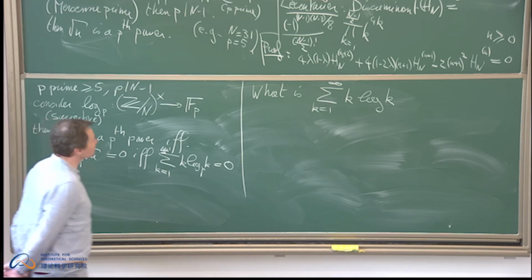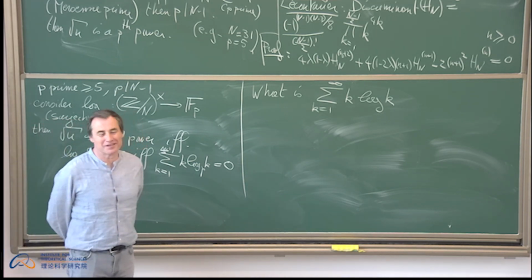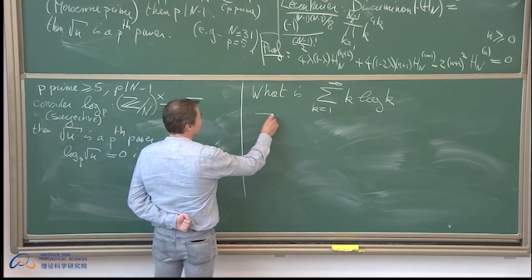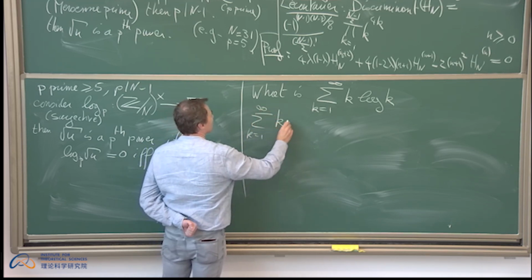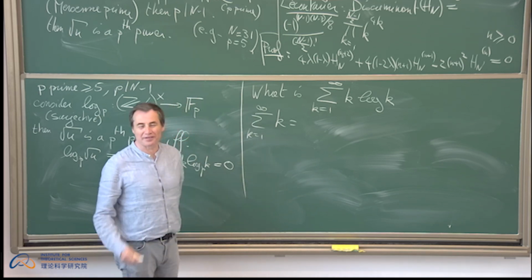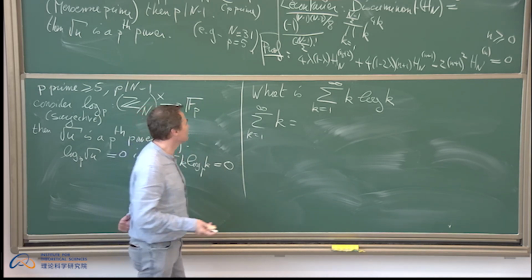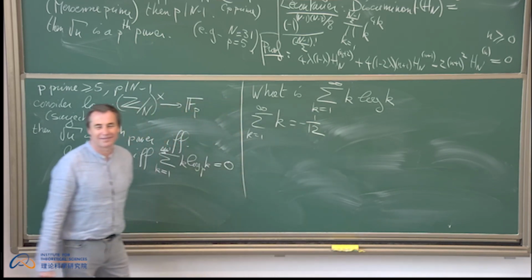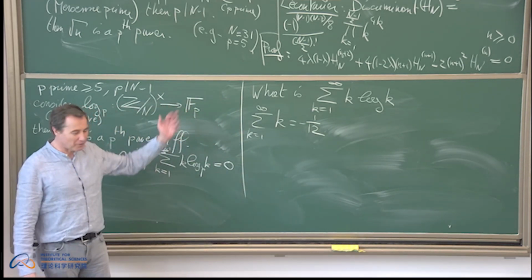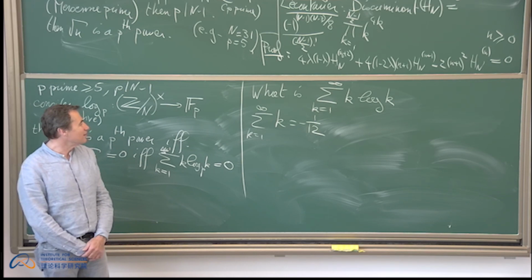Okay, so you know the standard riddle. That sum from k equal 1 to infinity of k. So you have seen that, I'm sure there are YouTube videos about this. This is minus 1 over 12. This is what Euler discovered, I think.